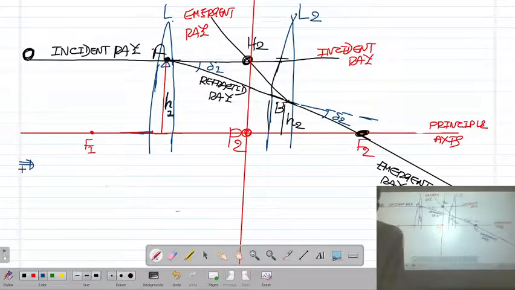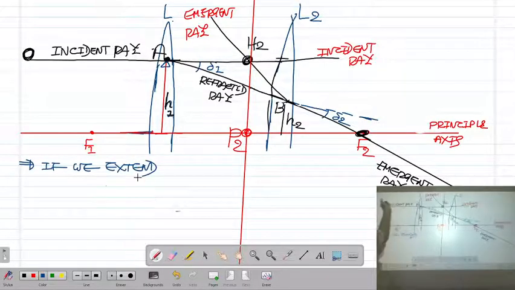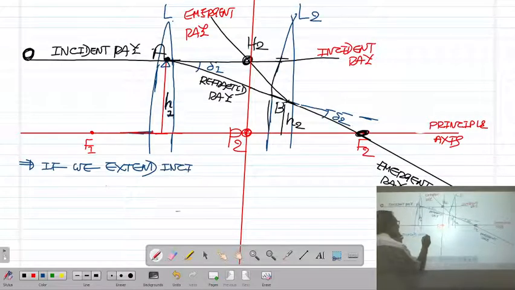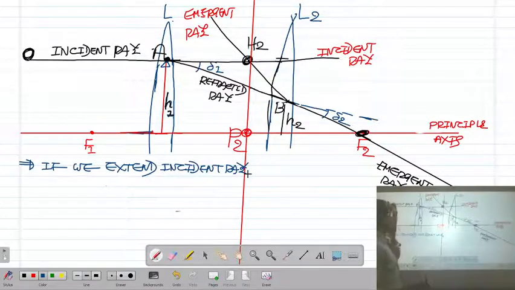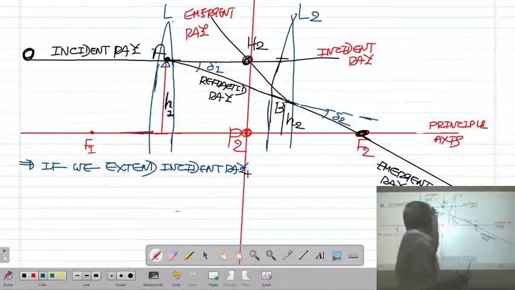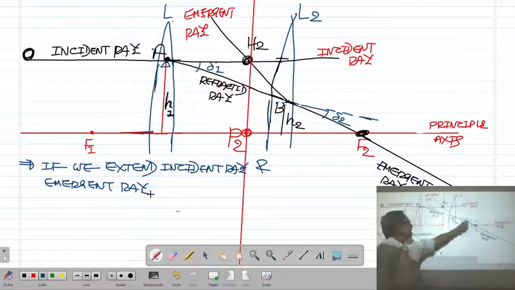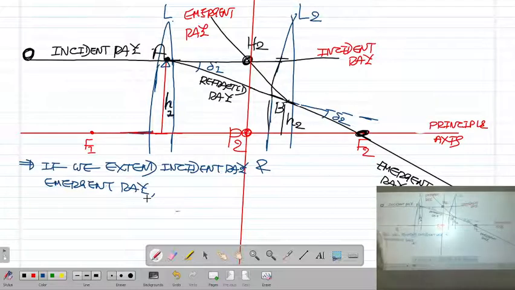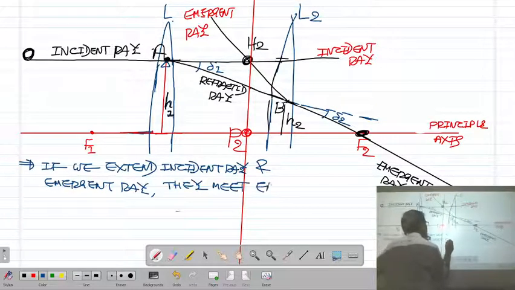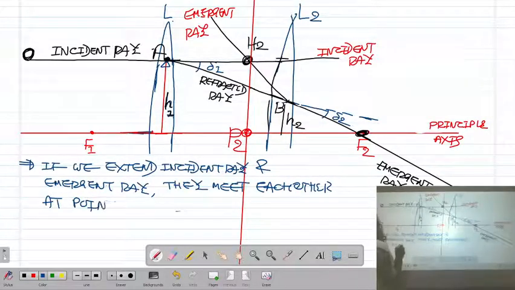Now if we extend the incident ray OA in the forward direction, and the emergent ray in the backward direction, they meet each other at point H2.